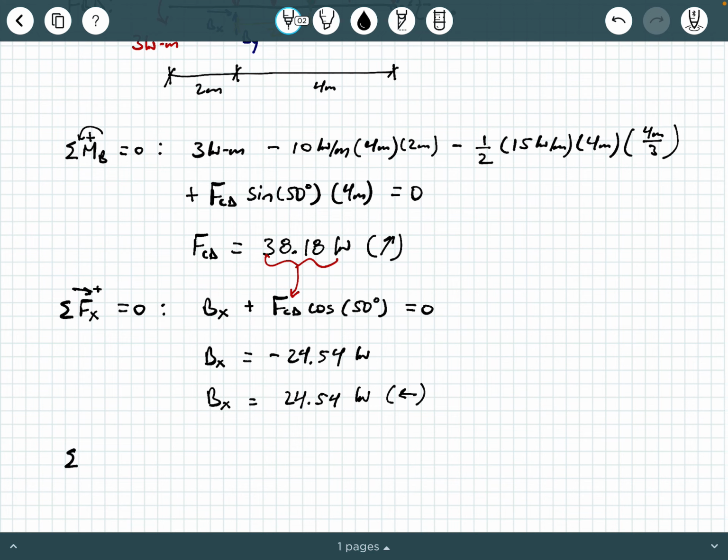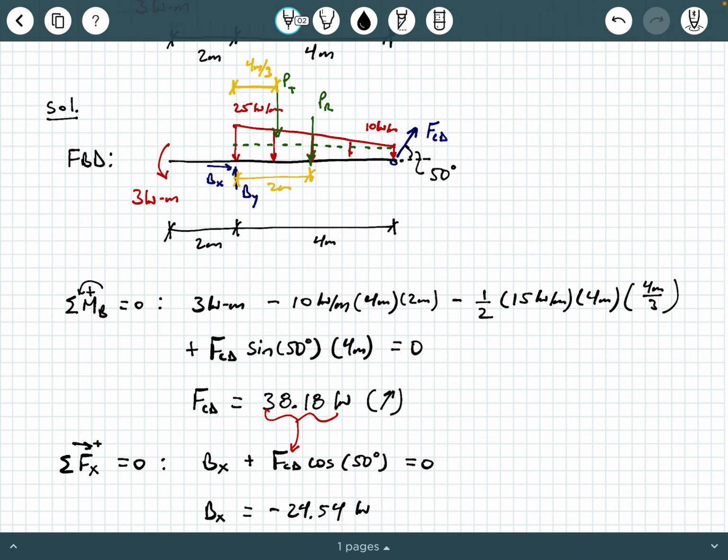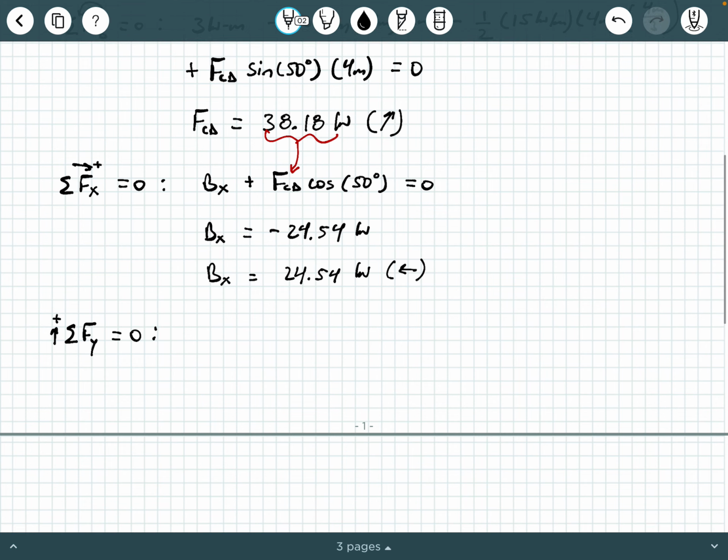Now, last, we're going to use our third equilibrium equation, sum of the forces in the y direction equals 0. We call things pointing upwards positive. And looking at this free body diagram, we want to include every force that has a vertical or a y component, starting with By. So we're going to say By minus, and we're going to look at the rectangular component again of that distributed load.